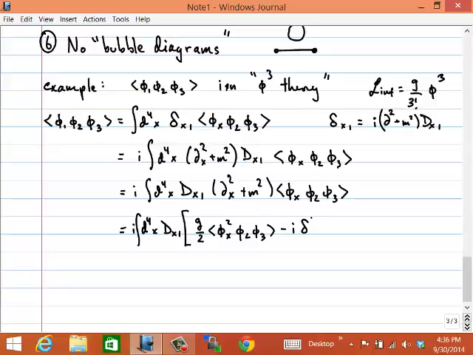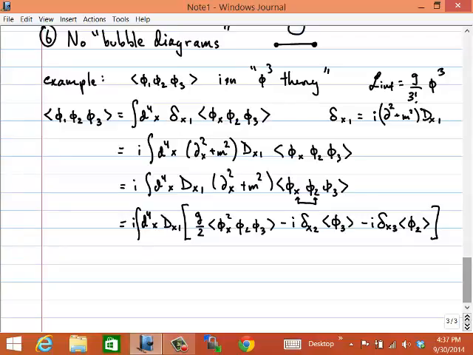One is the delta function where x and 2 coincide, so that's a delta x2 times the expectation value of phi 3, and then there's a similar term where x and x3 coincide, times the expectation value of phi 2.